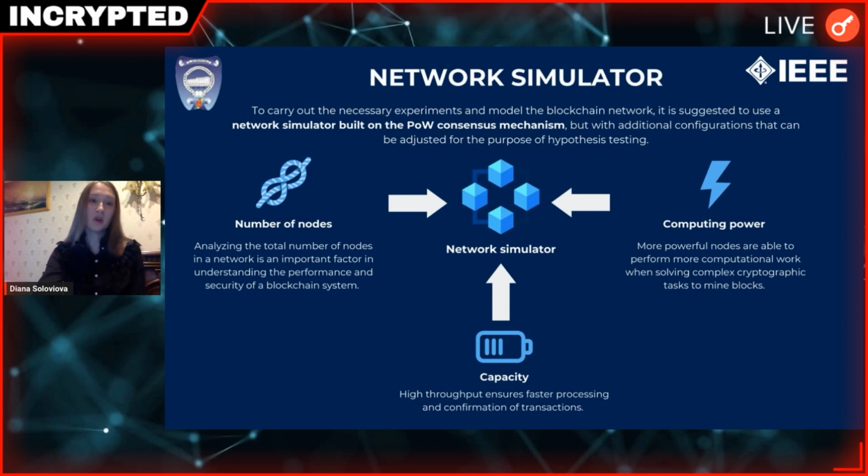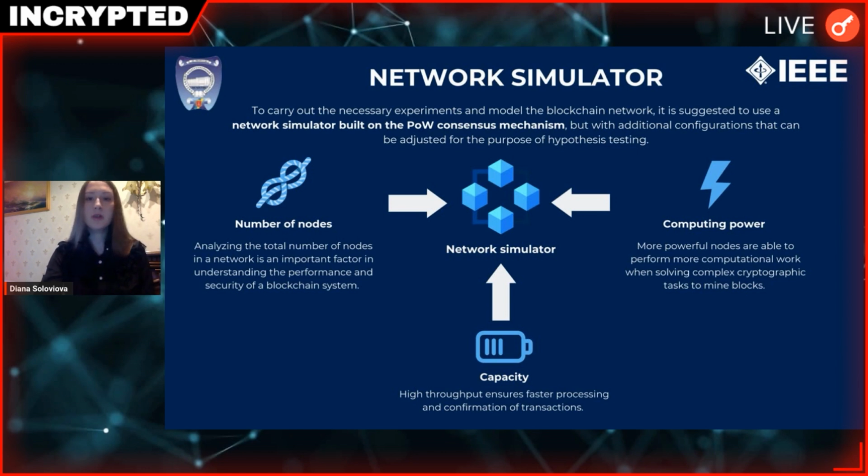Firstly, the number of nodes, of course. Analyzing the total number of nodes in a network is an important factor in understanding the performance and security of blockchain systems. For example, a larger number of nodes helps to increase decentralization and to reduce the risk of centralized control over the network. Secondly, computing power.